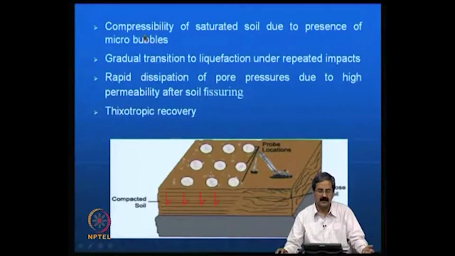Then the mechanism of improvement of dynamic compaction needs to be understood. For example, the soil is essentially saturated, and when you compact it, what is going to happen is that the compressibility of the saturated soil is there, and that takes place because of the presence of micro bubbles.